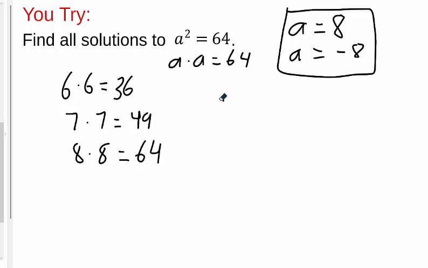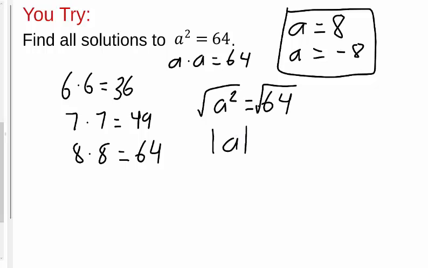Let's not take shortcuts. A squared is equal to 64. We take the square root of both sides. Absolute value of A is equal to 8. That means A is 8 or A is -8. Again, easy peasy. Let's go into another example.